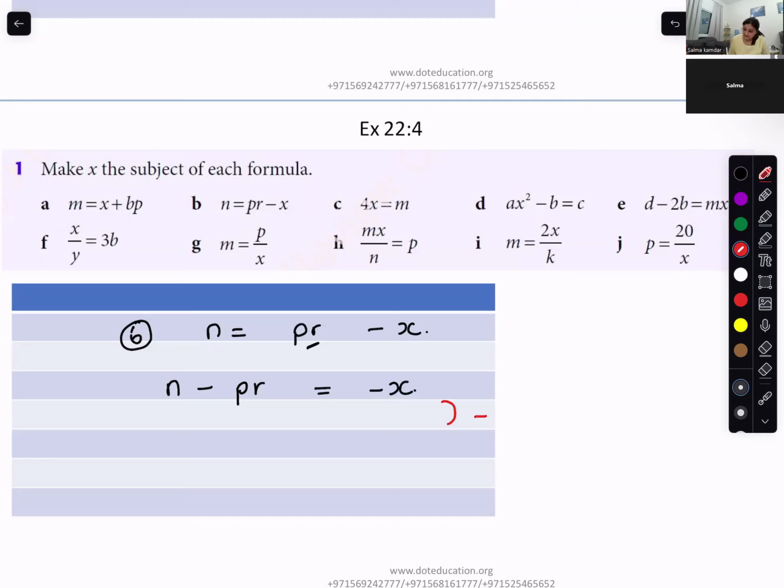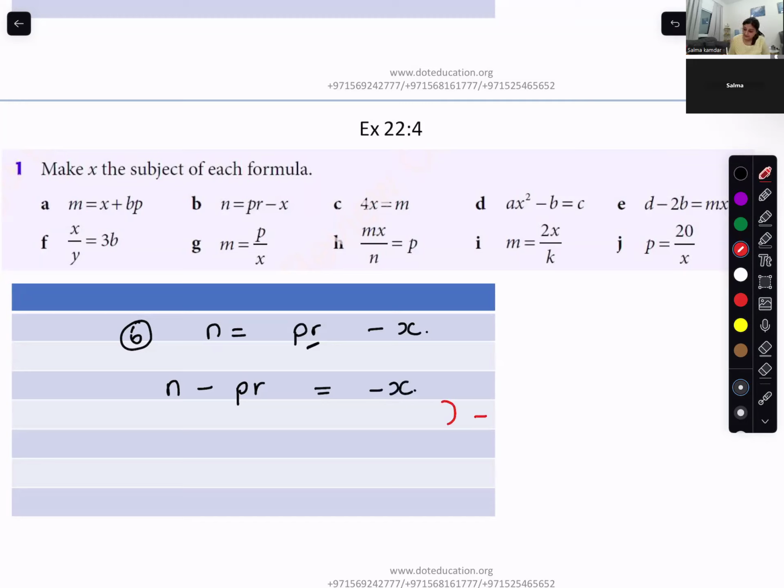G, I want to make x my subject. So x should be on the left and on the top. So what I'm going to do, I'm going to multiply both the sides by x. So this is going to be mx is equal to p. Now divide by m. So x is equal to p divided by m.